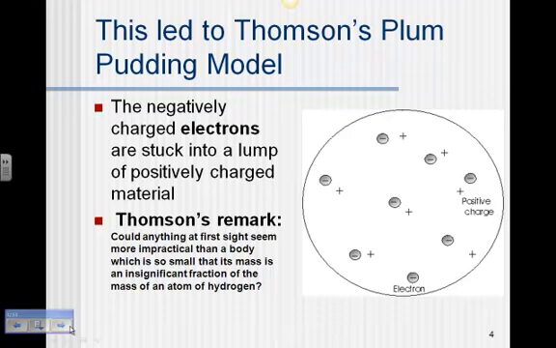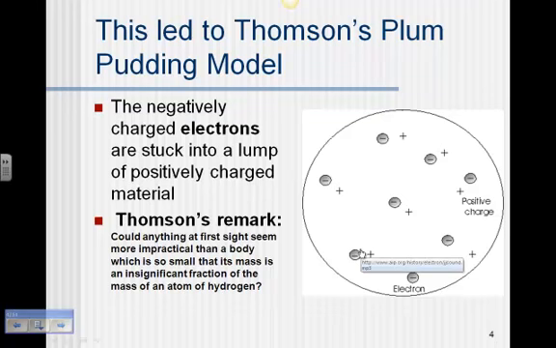And this led to Thomson's atomic model, what is now known as the plum pudding model, because plum pudding is a dessert that is eaten in England. If you could imagine, these are the plums, little electrons here, inside the pudding.